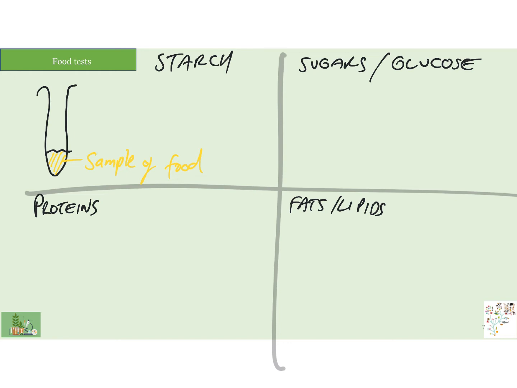In an ideal world, depending on how much detail they ask when they write a method, what you will do, and I'm only going to write it for this one, you use a pestle and mortar to grind up the food. Pestle and mortar is one of those grindy things that grinds them up.